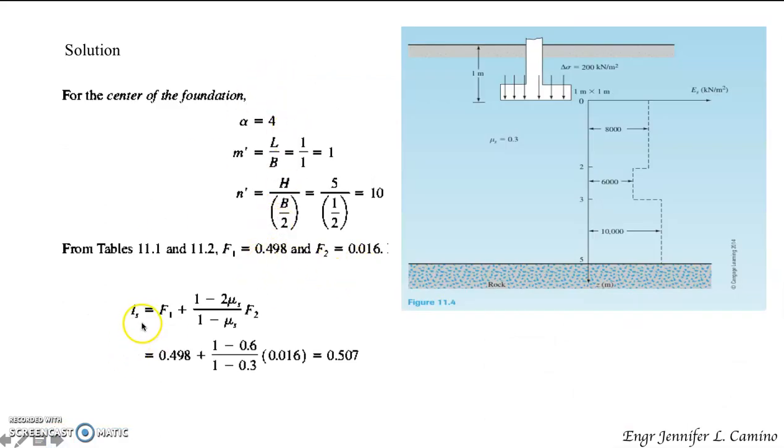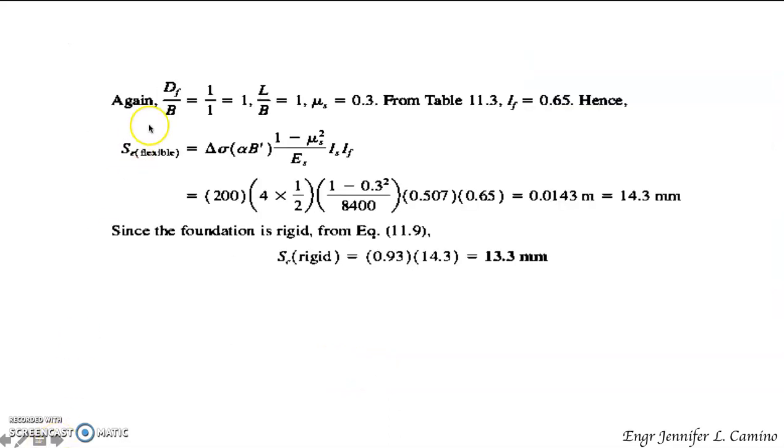We can compute the shape factor by substituting the values here. We are given our mu sub s, which is 0.3, and the shape factor is now 0.507. Again, Df over B is equal to 1, and L over B is equal to 1, and mu sub s is equal to 0.3.